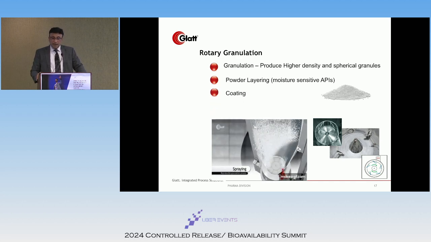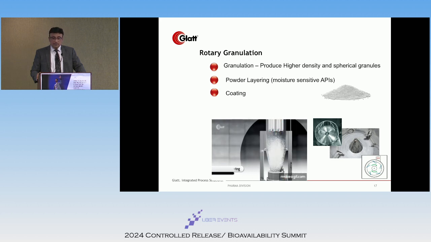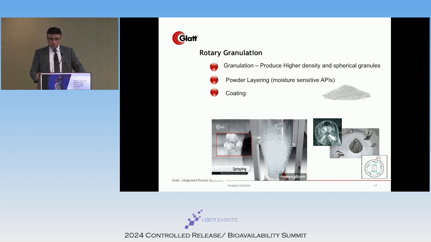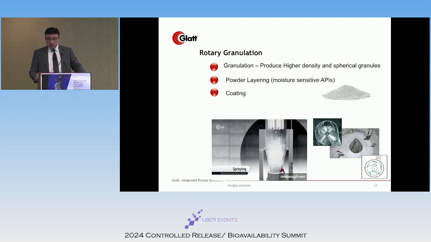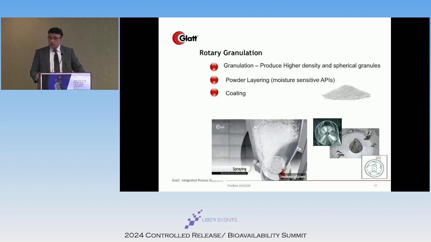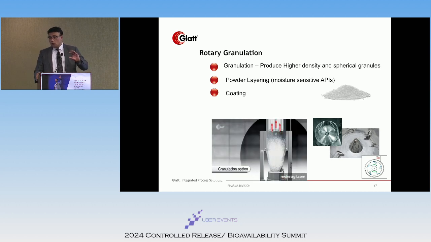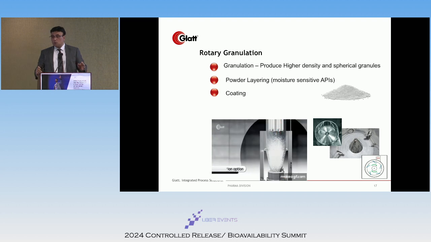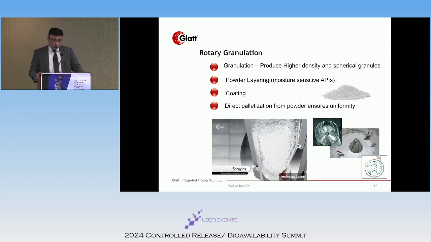Now, coating can also be done in rotor processing because that is done using a tangential spray, which is angularly positioned on the bowl during the coating process. So it is not a bottom or Wurster spray. However, for any single application, if you'd like to do a granulation followed by coating, that will be one way of looking at it, because that offers both of them in the same coating pan.